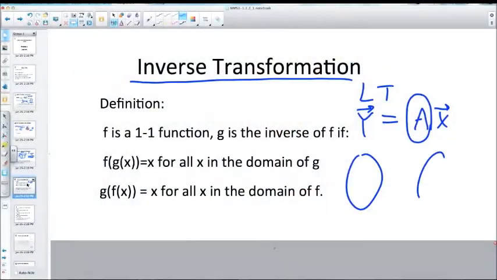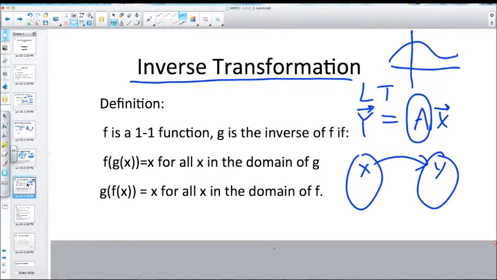In order to talk about the inverse, let's recall the inverse function. When you're going to have an inverse function from x to y, well, in calculus you learned it needs to pass the horizontal line test. The function needs to be 1 to 1, right?